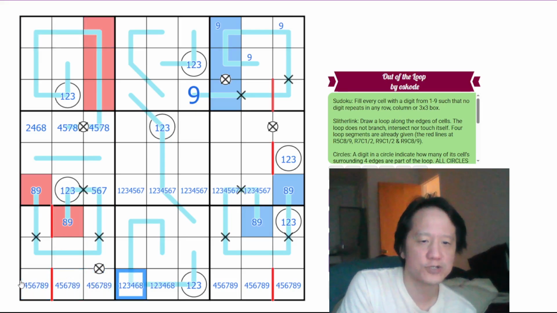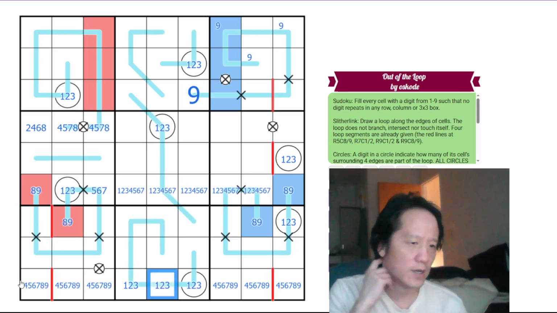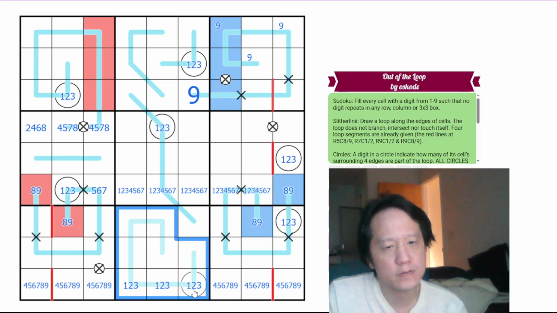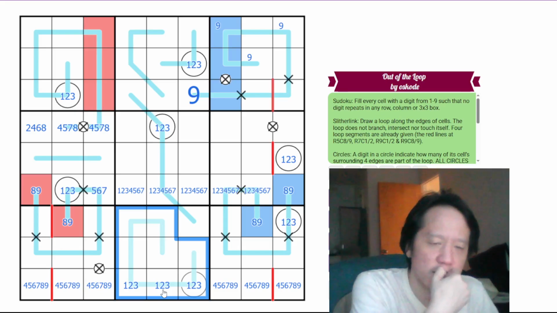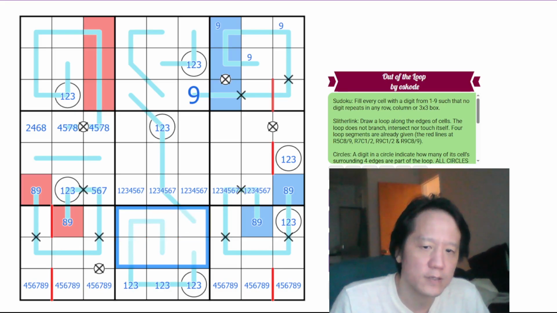Which eliminates 4, 6, and 8 also in the rest of this box. That's interesting. Huh. That means the rest of this box cannot be 1 through 3.